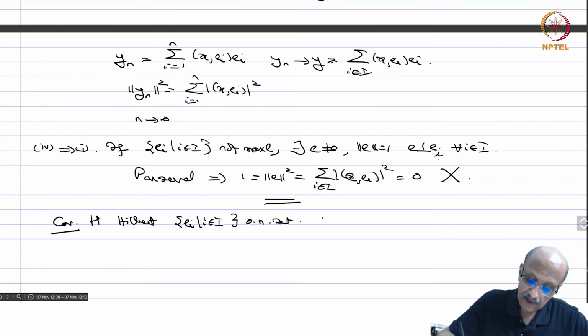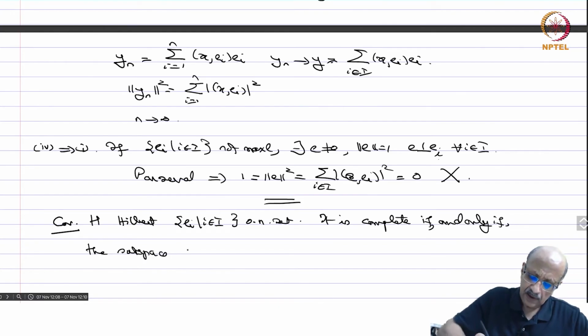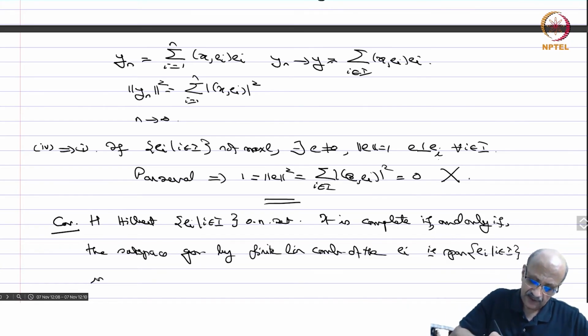Then it is complete if and only if the span of the e_i, that is the subspace generated by finite linear combinations of the e_i, that is the span of e_i, i in I, is dense in H.